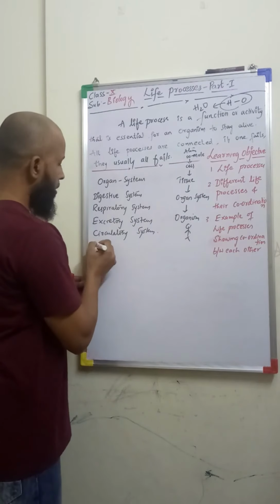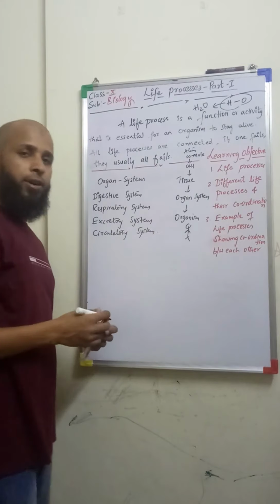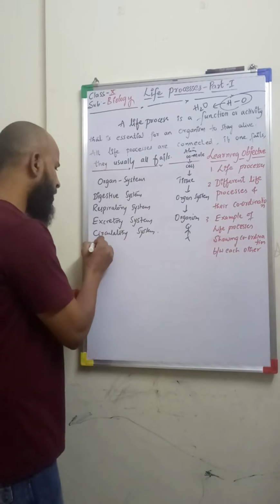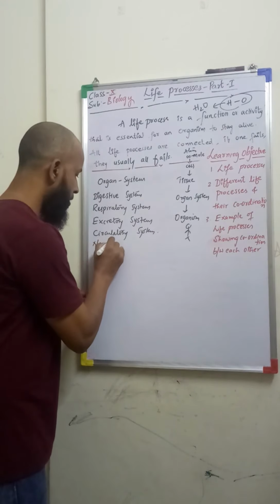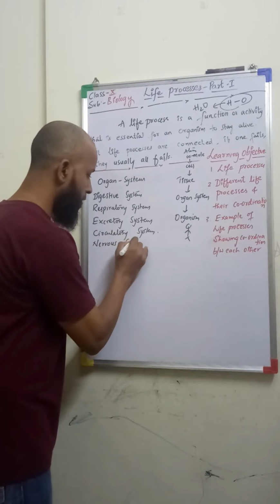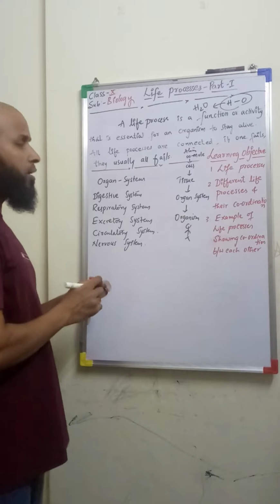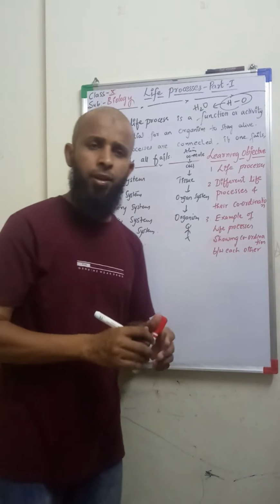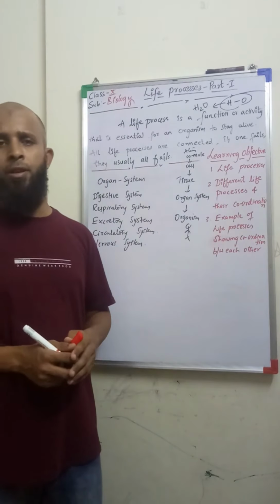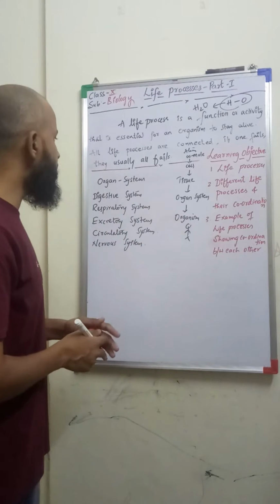Like that we have different ones, and we can also take one more, that is the nervous system, right? So these are some example organ systems.